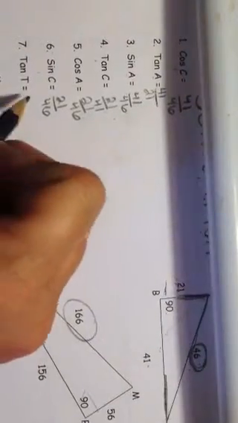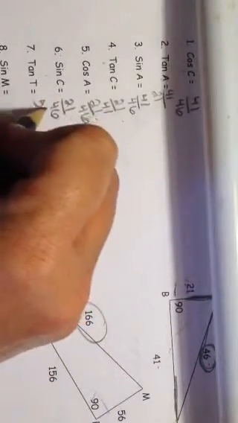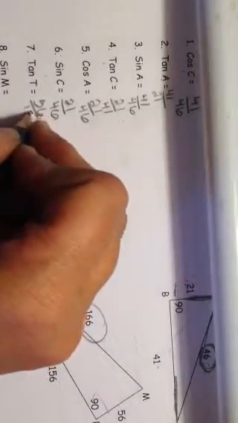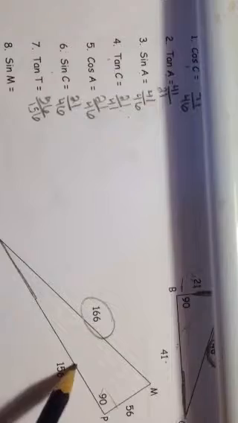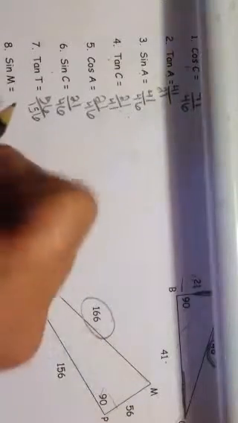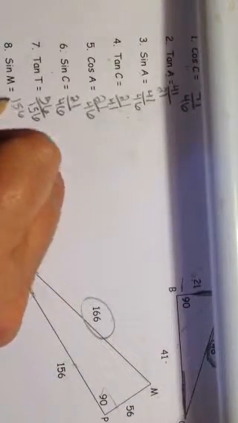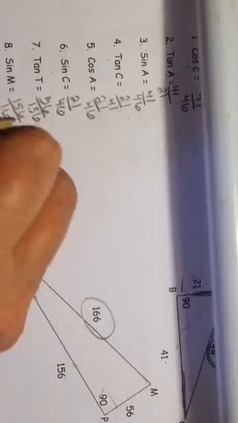Tangent of T. Tangent is opposite over adjacent. So tangent is 56 over 156. Sine of m. Sine is opposite over hypotenuse. So 156 over 166.